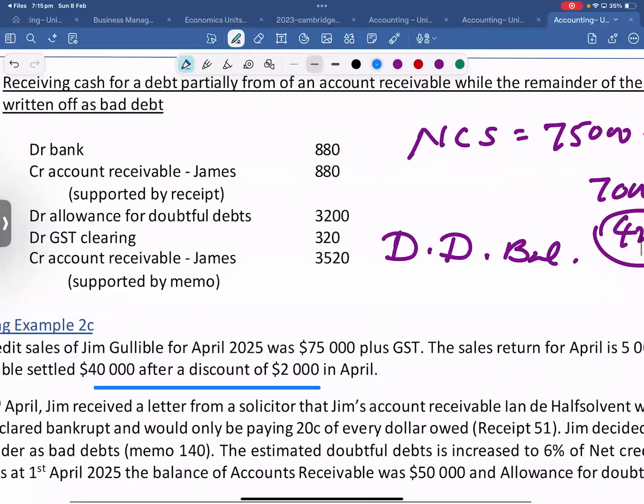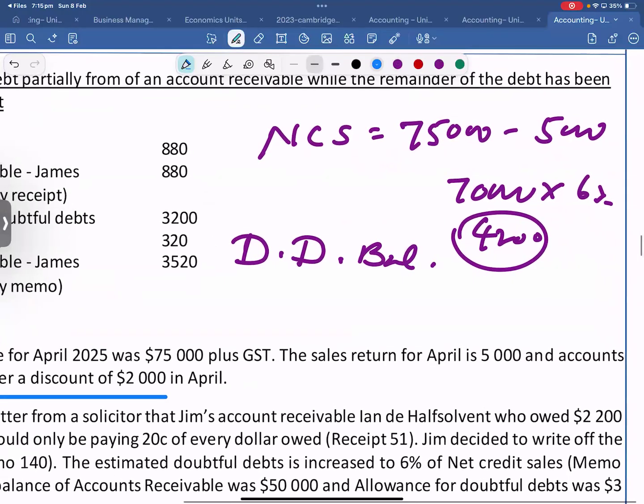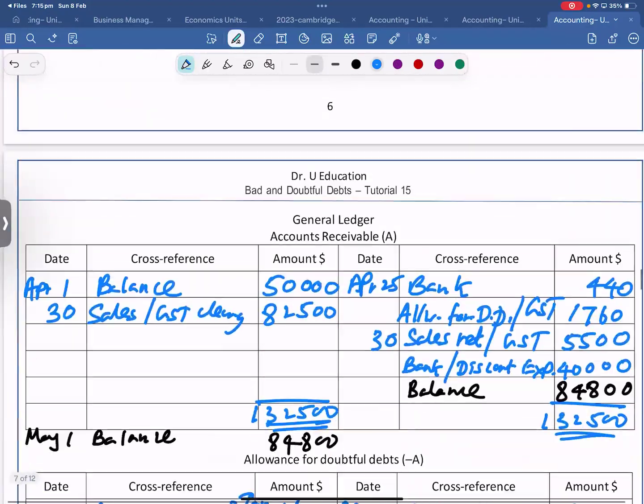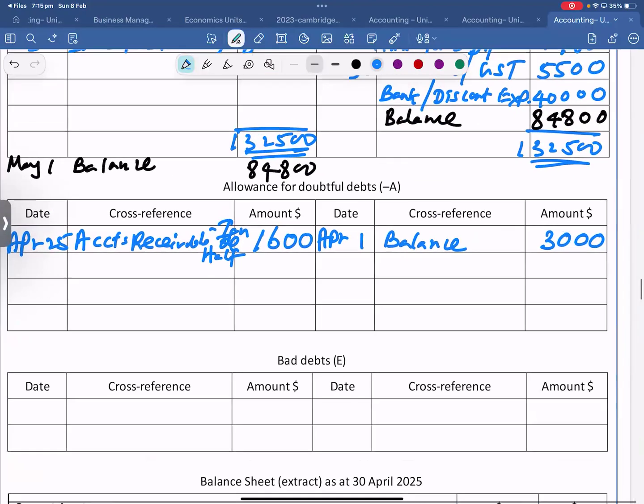So what are we saying, guys? In this period we have made net credit sales of 70,000, because we sold 75,000 worth of goods on credit. From that, 5,000 came back as returns, and then we have net credit sales of 70,000. From that, 6% we are not sure to collect next period. So 4,200 becomes the closing balance for April.